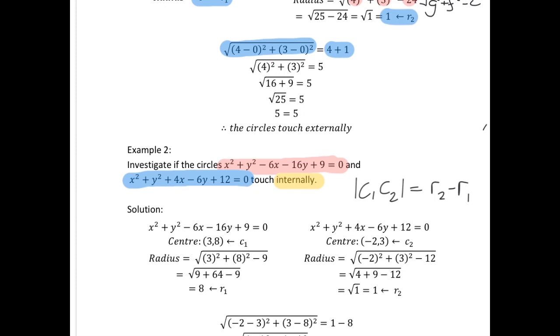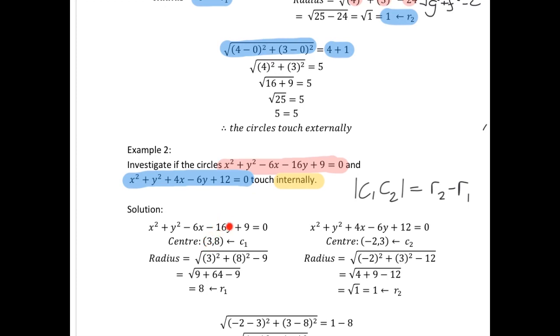So in this case, let's first take a look at the first equation. This equation highlighted in red, x squared plus y squared minus 6x minus 16y plus 9 equals 0. Our center is taken as the number in front of x, divide by 2, change the sign, so we get 3.